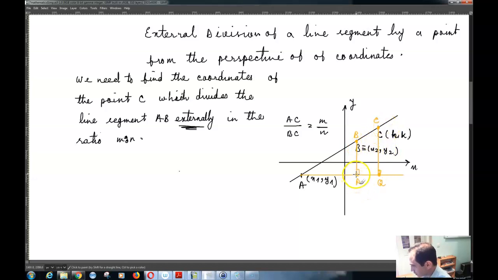The coordinates of these points, your x coordinate over here is x2, and your y coordinate is y1. The coordinates of these points, your x coordinate over here is h, your y coordinate is y1.